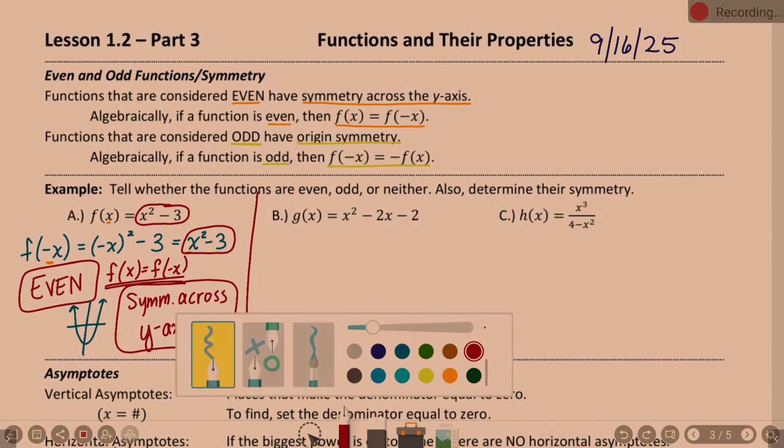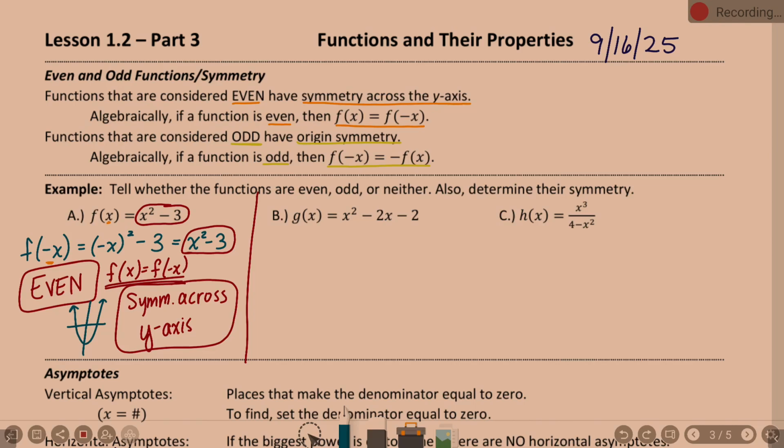This time we're talking g of x. Same idea. First thing I'm going to do is test for even. Does g of x equal what? G of negative x. That's always the first thing I do. Because here's the deal. We haven't gotten to odd yet, but aren't we going to have to know g of negative x to test odd as well?